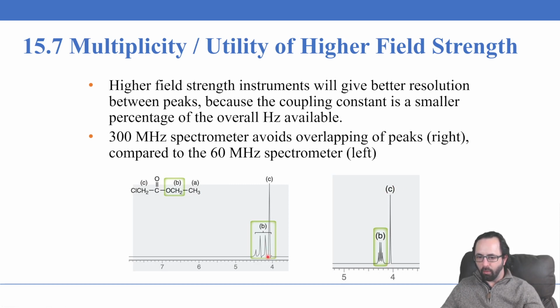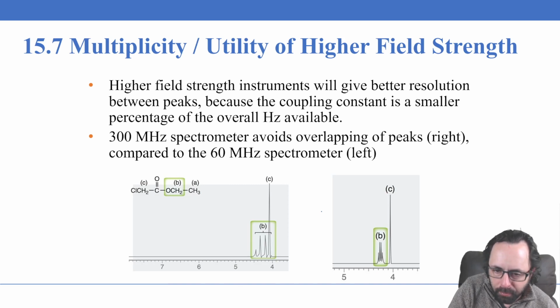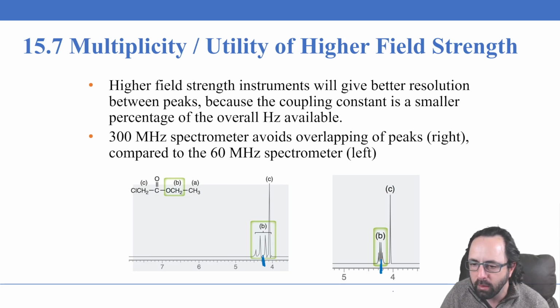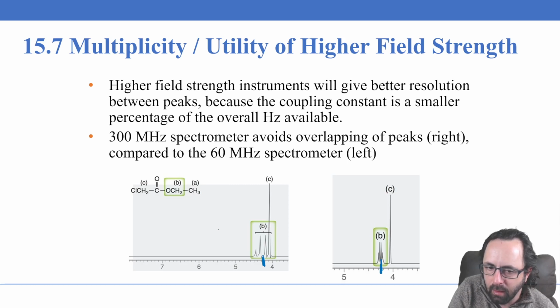This peak C is at 4, and if we look at the middle of peak B, it's about 4.3, 4.4. And that's true here too. The chemical shift is a little over 4, and for peak B, it's like 4.2 to 4.3 in each case. The middle is about 4.2, 4.3, and it's the same case here. And then for peak C, representing these hydrogens here, it's a little bit below 4.1.